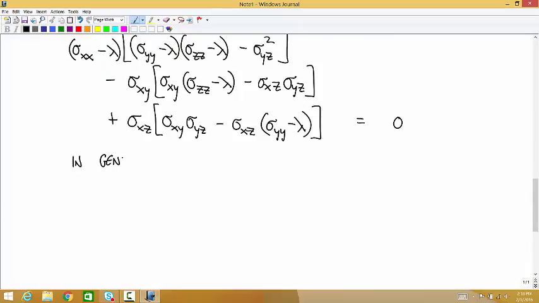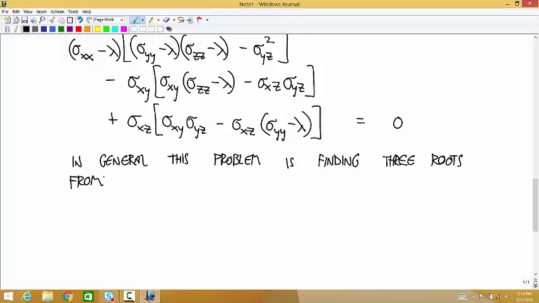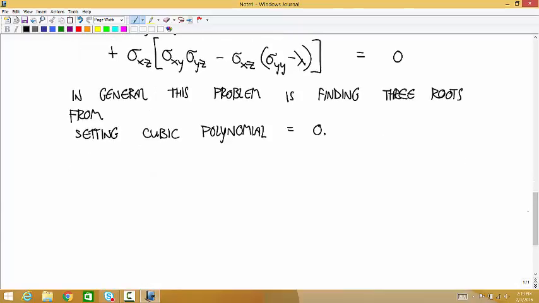So in general, this problem is finding the 3 roots that you get from setting a cubic polynomial equal to 0. Okay, so you get three roots for lambda.